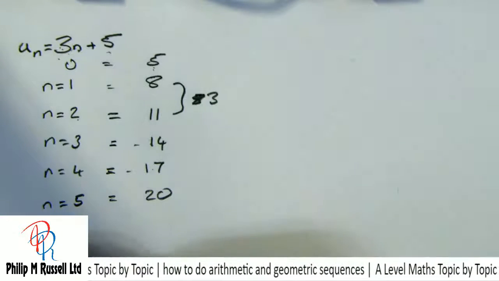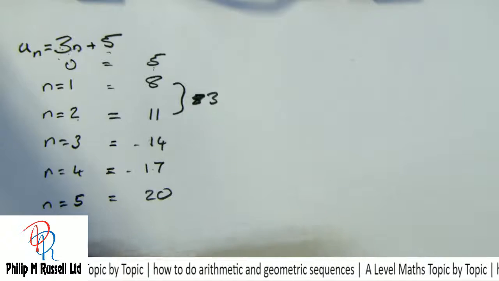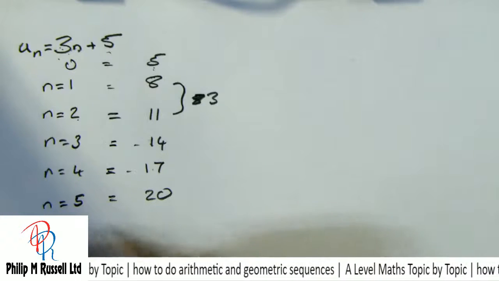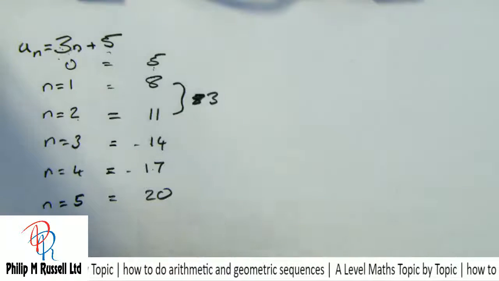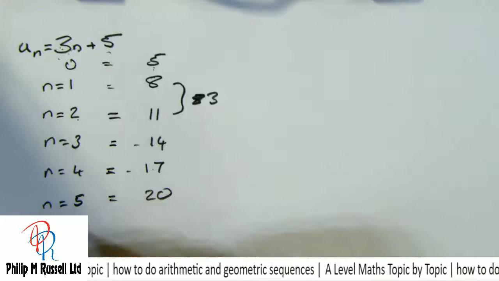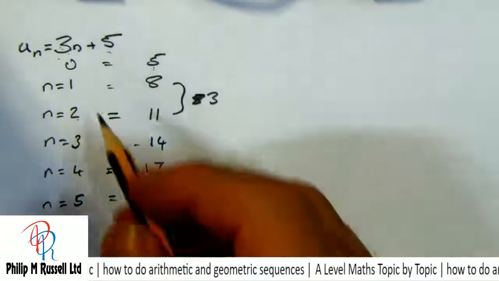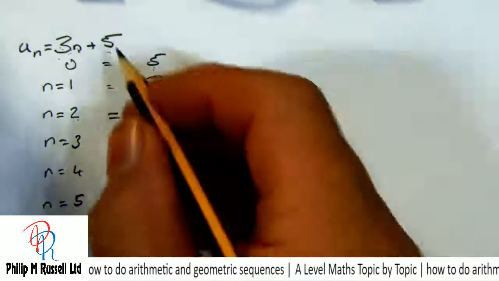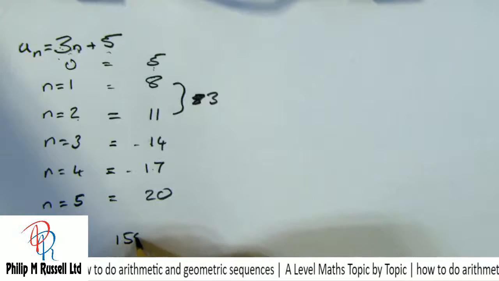And so we can just go on adding in 3s. Maybe we're asked to find out what u is for any number, say 50. We can do that in exactly the same way: multiplying 3 by 50 gives 150, plus 5 is 155.